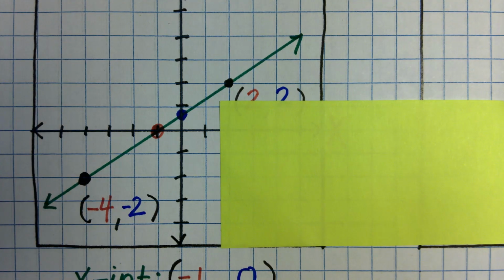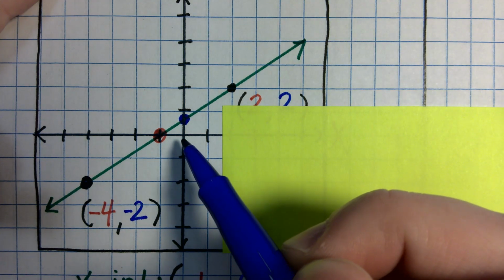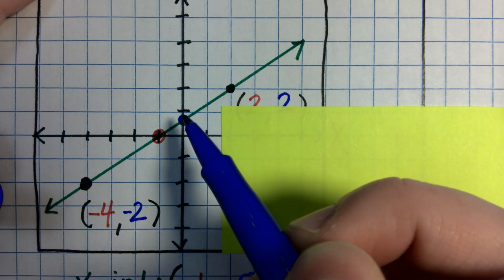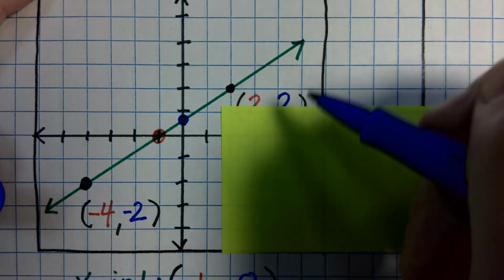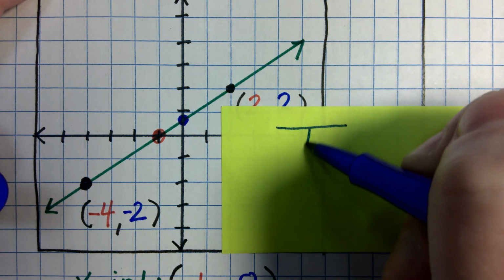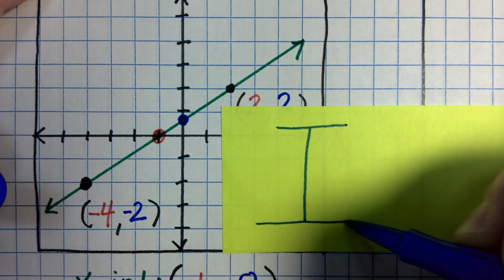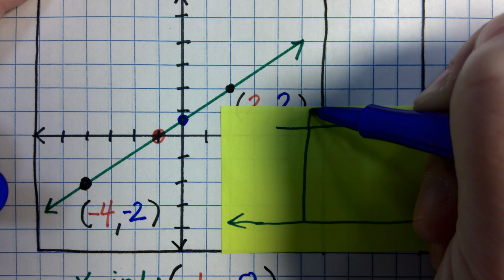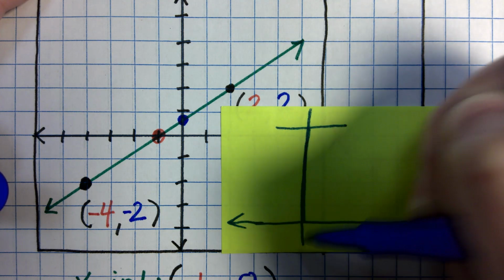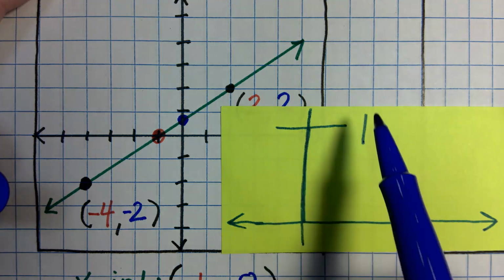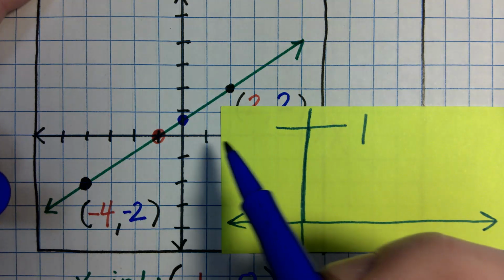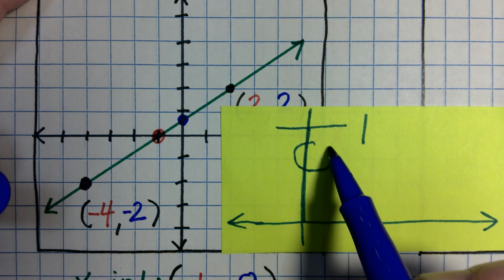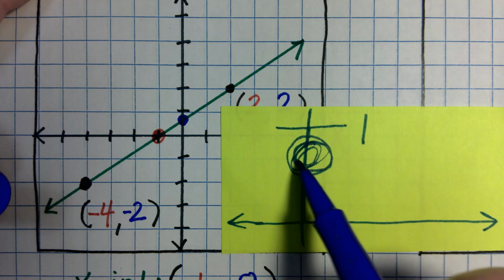I was looking at the y-axis, and here is 0, here is 1. So I'm going to make that section larger. There's my arrow, and here's 1. That's like a zoomed in of this. And my point was right about here, right?